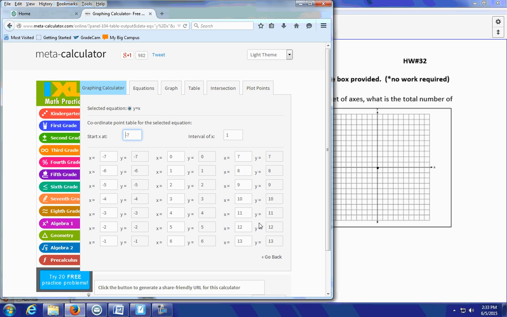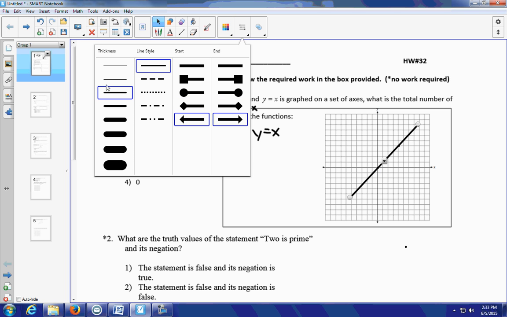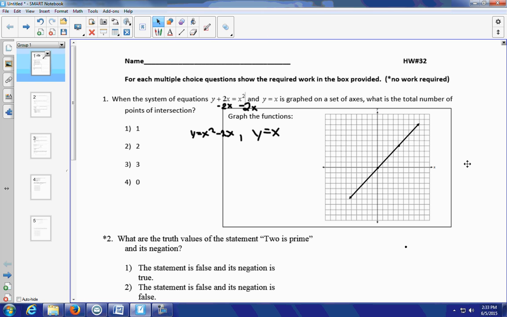And I can pick, I don't know, 4, 4. So I can go over here and go 1, 2, 3, 4, 1, 2, 3, 4. Then I can draw a line that connects those two. Remember we label our lines, so I'm going to label this y equals x.